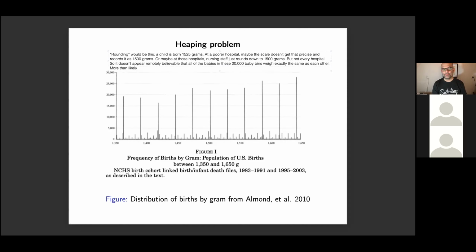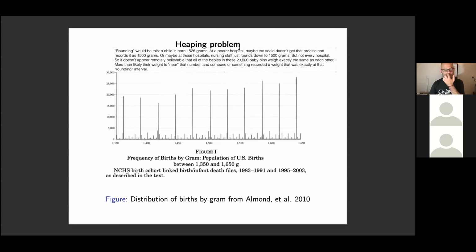More than likely, their weight is near that number, and someone or something recorded a weight that was exactly at that rounding interval. That's what's likely going on, because there's nothing biological about humans that would get you that. See how, look at it, it's the same everywhere. That's just not possible. So something's going on.